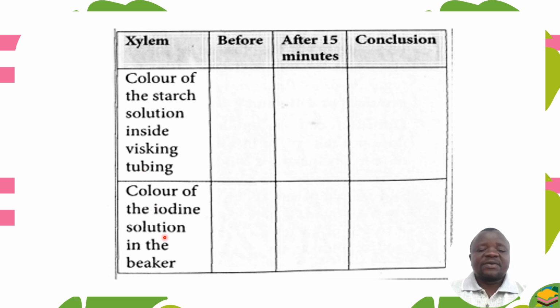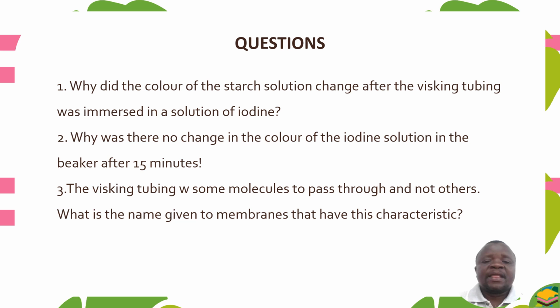Likewise, the color of iodine solution in the beaker before the experiment and after 15 minutes, and then you conclude. To understand how you can fill in the table, we have to go through the next slide. Now, questions, you'll be guided by these questions to understand how these procedures are conducted.